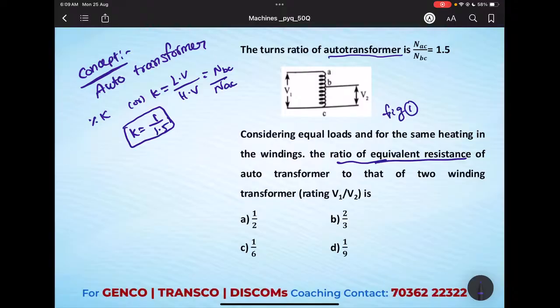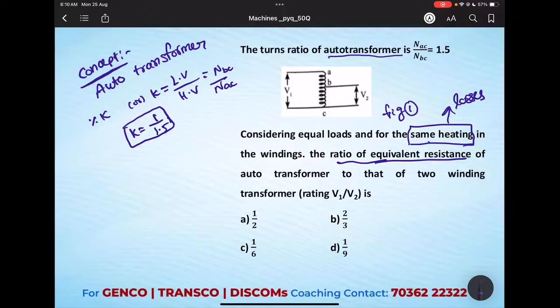Next, what are they telling? They are telling same heating. What is same heating? It means that if you use an auto transformer and a two-winding transformer for the same load, the current drawn from the transformer is going to be the same in both cases. They are talking about heating. Heating is how heat energy is generated, and it comes from the losses.